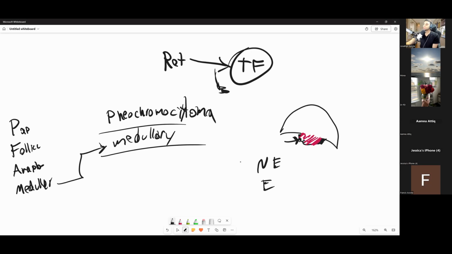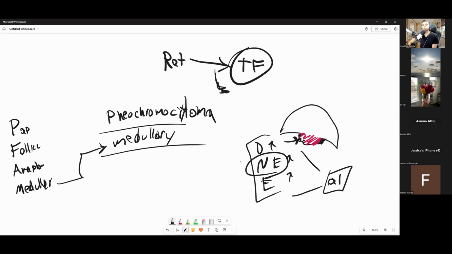Whenever norepinephrine and epinephrine are at high levels, we can even include dopamine, all of them bind alpha 1. Norepinephrine will bind alpha 1 regardless, but they all tend to bind alpha 1 when you're giving them at higher dosages. Remember that. That's the rule of catecholamines. Whenever you distribute catecholamines at high dosages, they all have affinity for alpha 1.